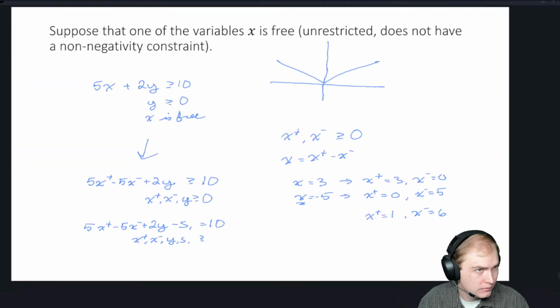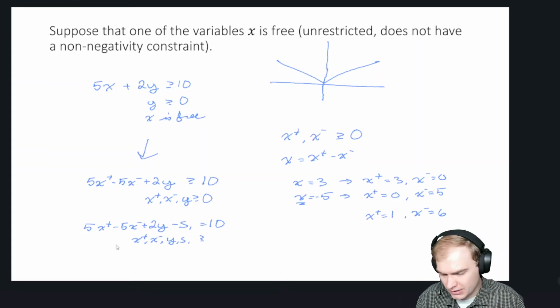Excellent. Let me get back on the PDF. And we're back in business. Greater than or equal to 0.